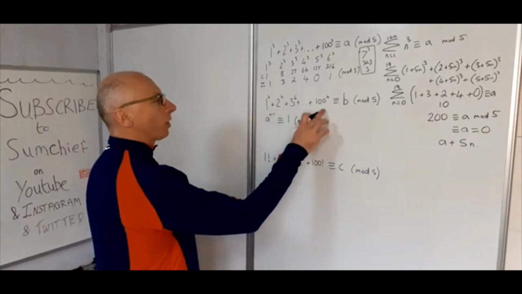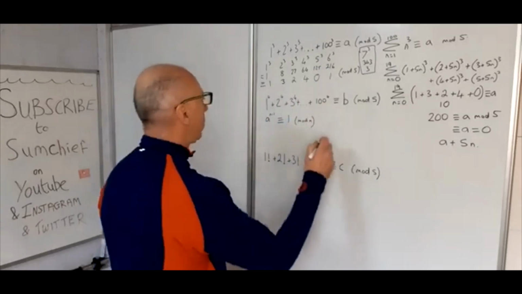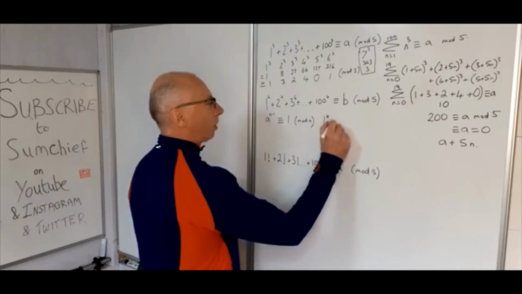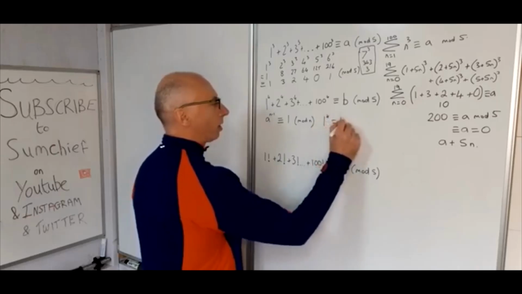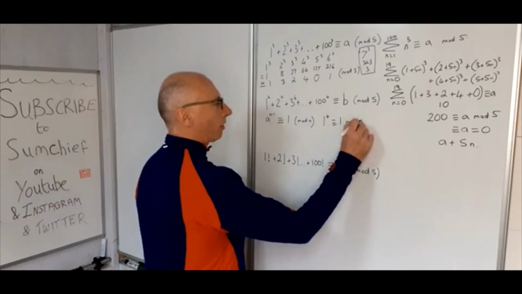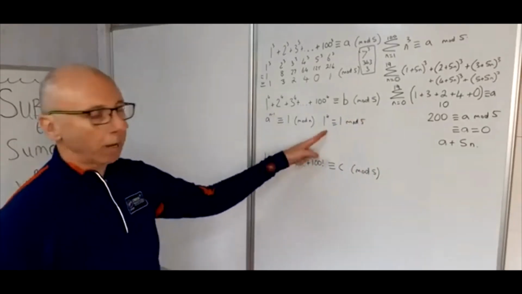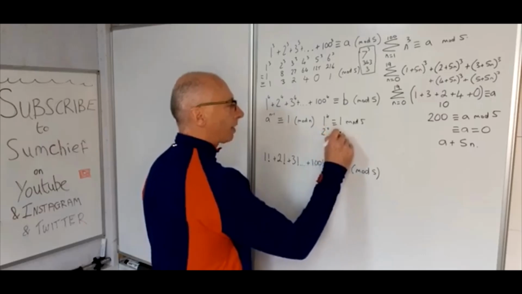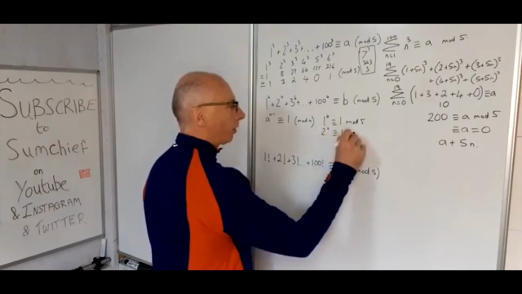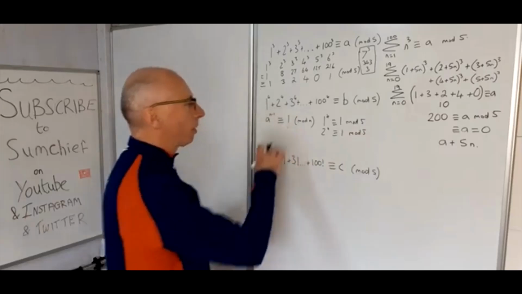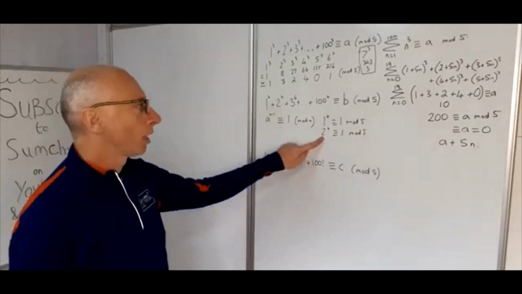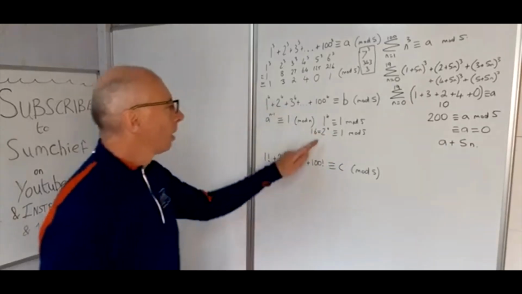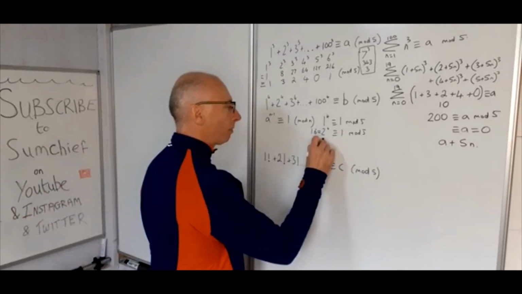So if you look at the first 5, just as we did here, we've got 1 to the power of 4 is going to be congruent with 1 mod 5. Obviously 1 to the power of 4 is 1. 2 to the power of 4, that is going to be congruent with 1 mod 5, just by this theorem. Now 2 to the power of 4 we know is 16, so I'm just going to write that here so you can see. 3 to the power of 4 the same.